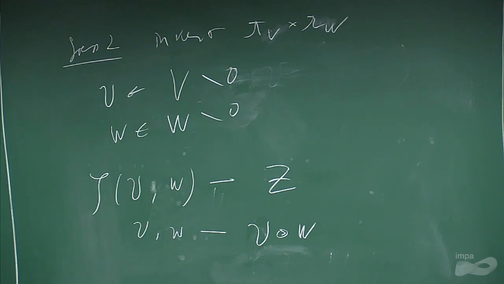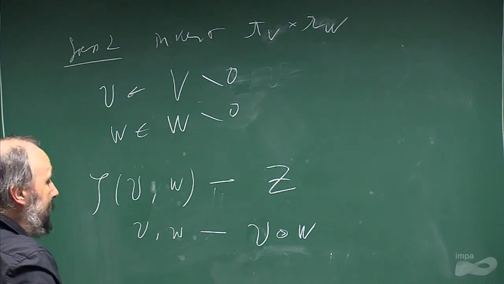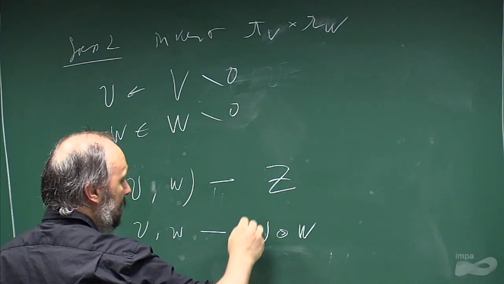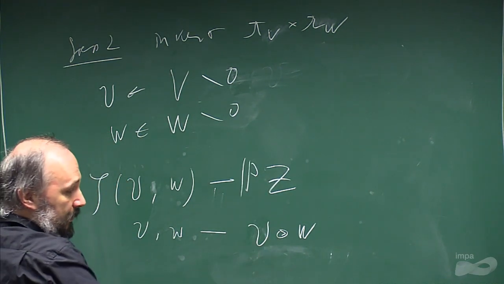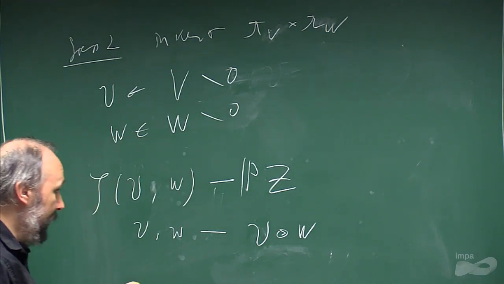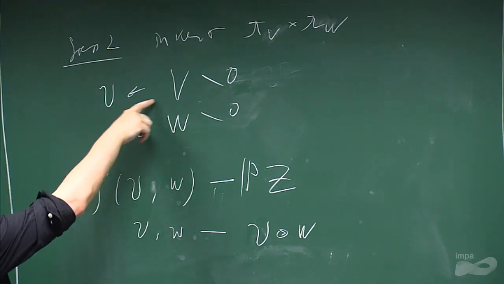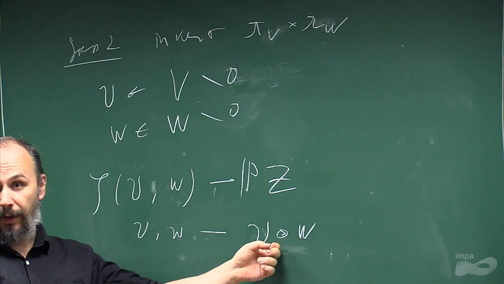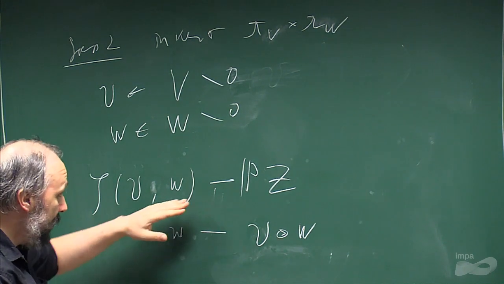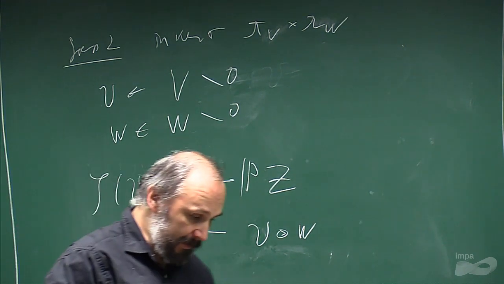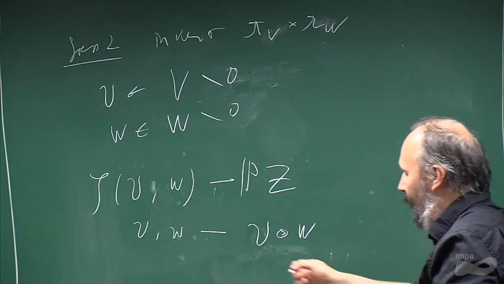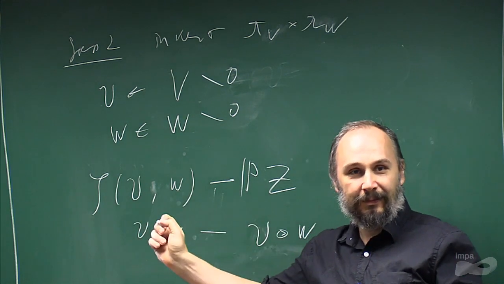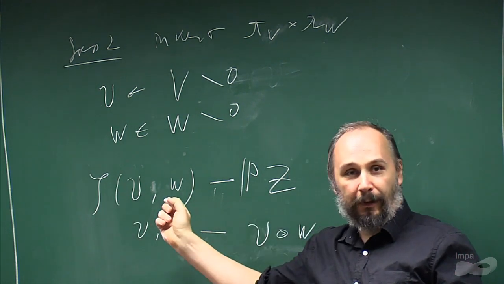Okay, now we can projectivize. And then you just take the line generated by these vectors, because if they are non-zero, the product is non-zero, so this is a non-zero vector, this is well-defined. This map is well-defined, first, and second, it's obviously invariant under the C star action on this argument and on that argument.